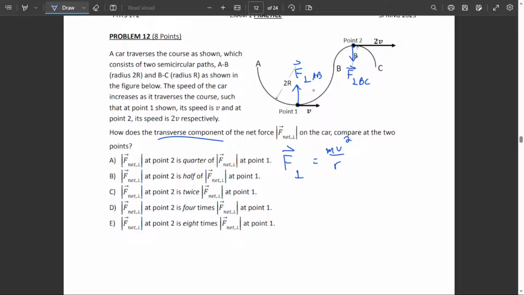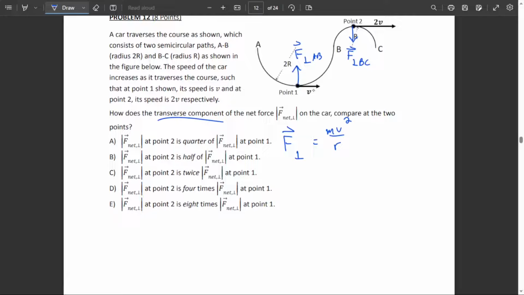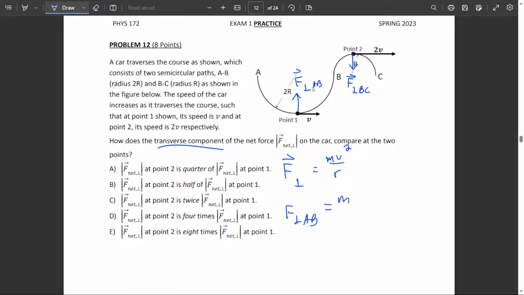If we look at our answers, it only cares about the magnitude, so I'll just worry about magnitudes too. At AB, mass is m, not changing. Speed is v, and the distance is 2r.